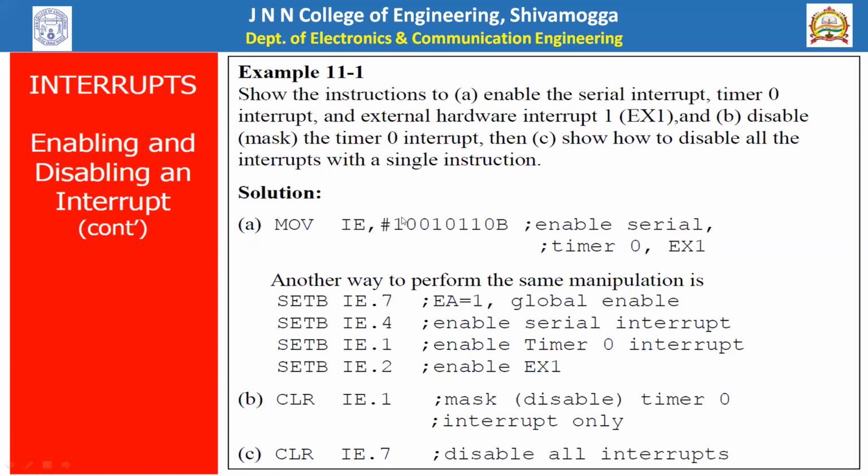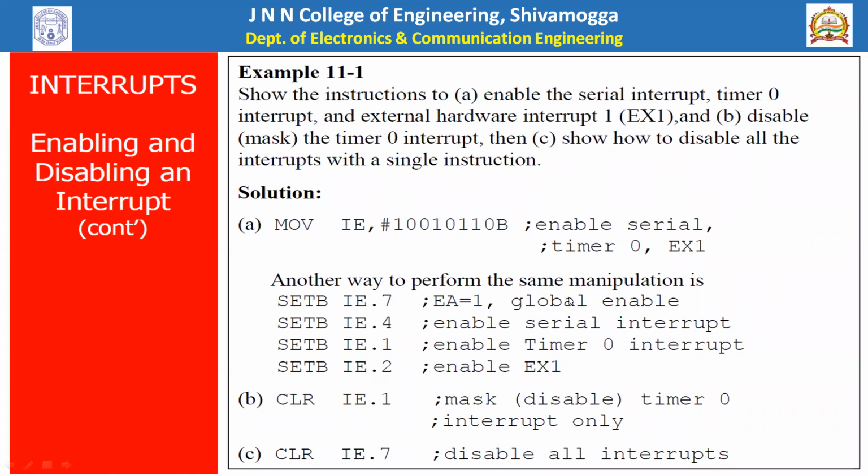You want serial interrupt, so IE.4 should be 1. You want timer 0, so it is IE.2, and external interrupt 1 is IE.1. You have to store the binary data. That is why you are putting it here as B.